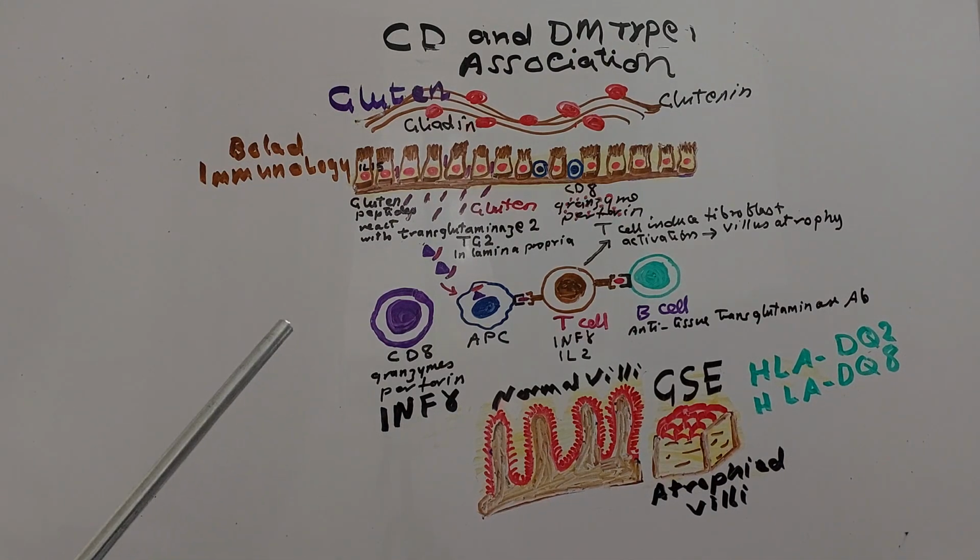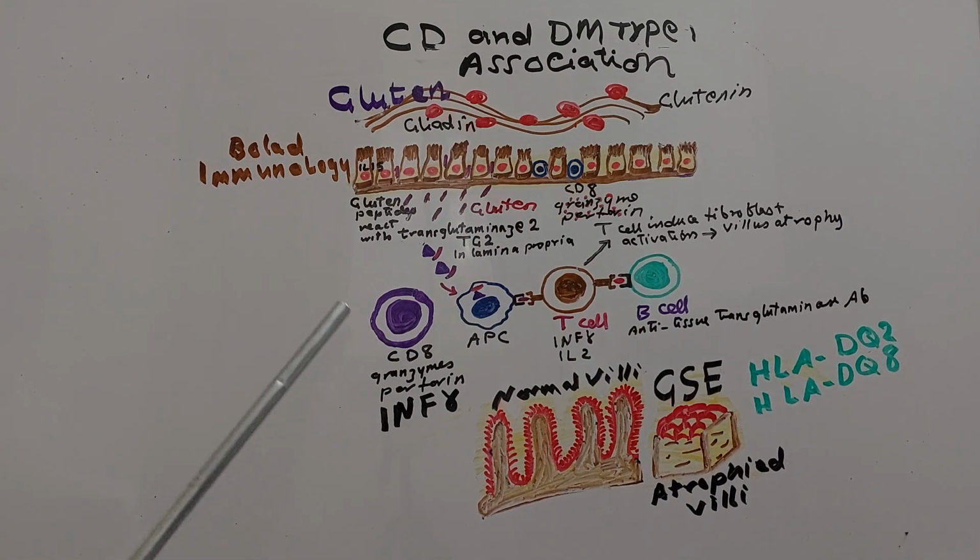Since 2 to 3% of celiac patients have selective deficiency of IgA, however, recent new tests have been introduced, and these tests actually detect IgG antibodies, and one of these tests is anti-tissue transglutaminase antibodies or anti-TTG.